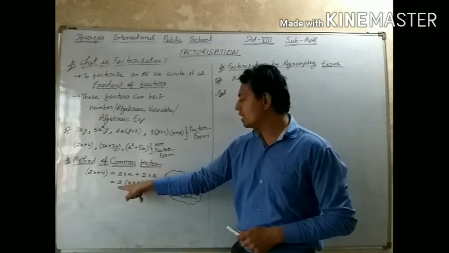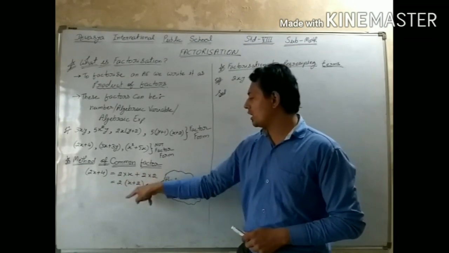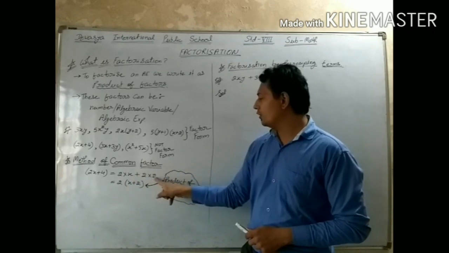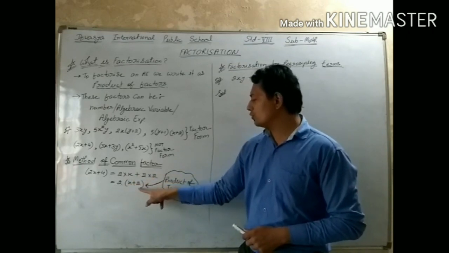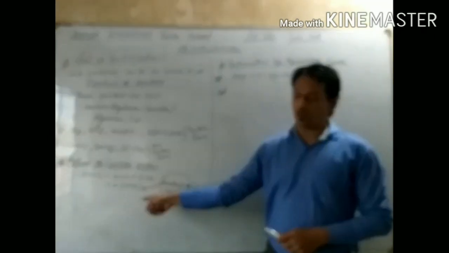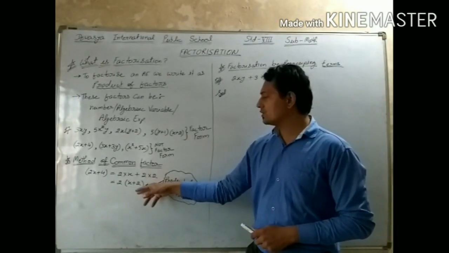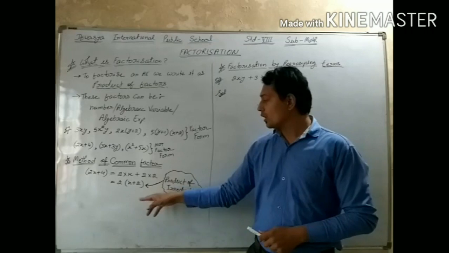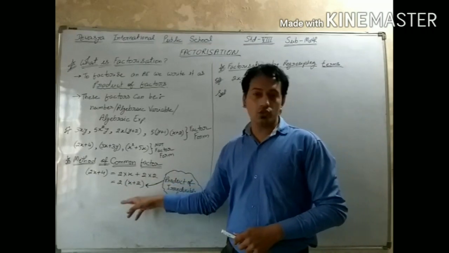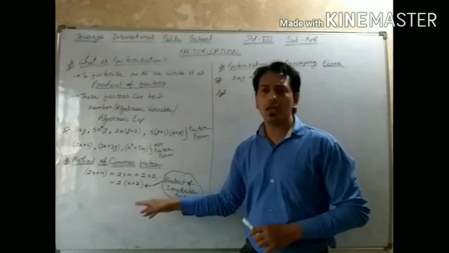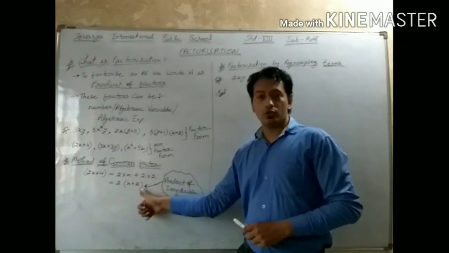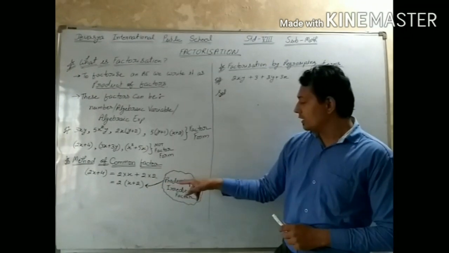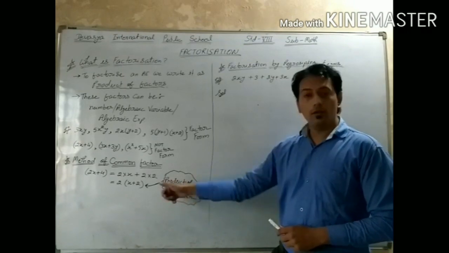So we take it out, and the rest of the things we put in our bracket, right? This x and 2. So we got here 2 into x plus 2. We can call this a factor form. Why? Because we have brought these terms in irreducible form. We can simply find out the factors of this algebraic expression by simply looking at it, right? One of the factors is 2 and the other factor is x plus 2. Fine. So this is the product of irreducible factors.